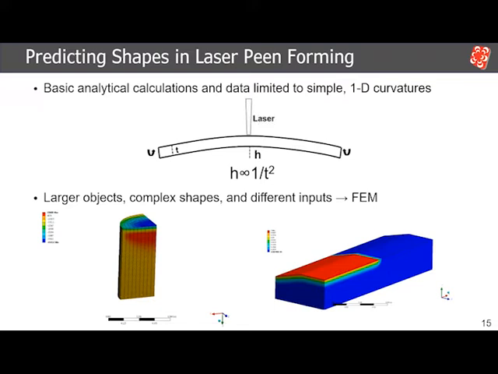Basically, the maximum height that can be created is going to be proportional to the squared thickness of the sample. We have basic analytical models that could tell you that type of information. Once you get into anything more complex than a 1D curvature, this really has to be done through finite element methods.